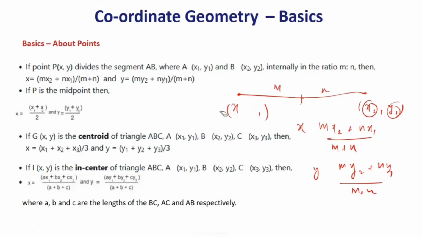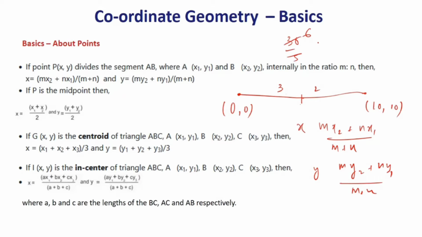Let's take a very simple example. Let's say the first point is (0, 0) and the second point is (10, 10). If I have to divide this line in the ratio of 3 is to 2, then what is this point? 3 into 10 plus 2 into 0 is 30, divided by 3 plus 2, which is 5.